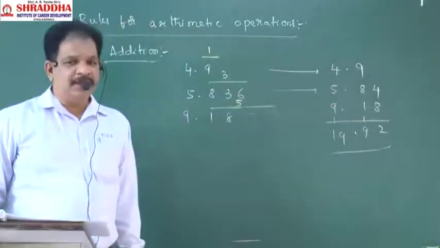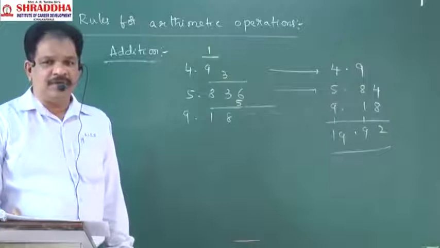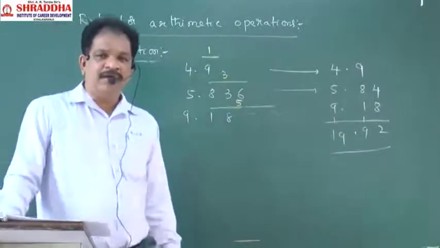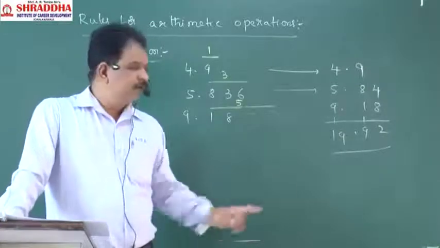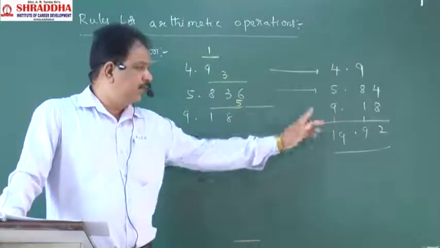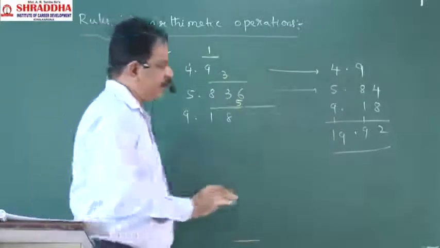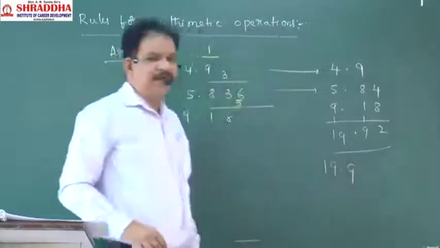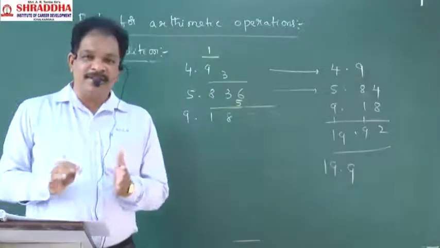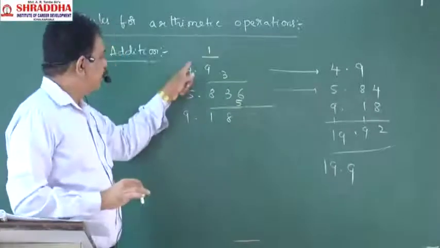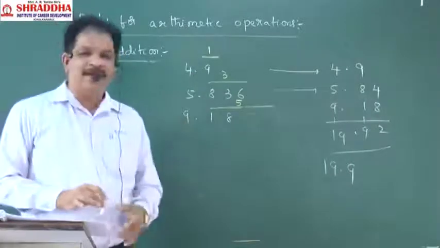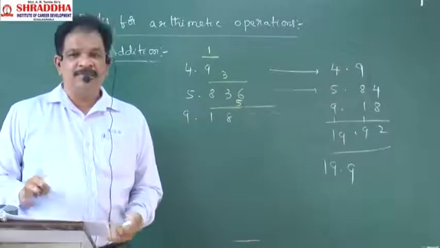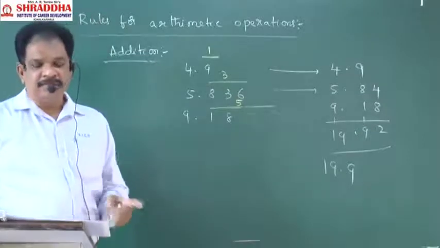19.92. Here again the answer will be rounded to have one significant figure. So discard that 2. The preceding digit will not change. So the answer will be 19.9. This is the method. They gave these 3 numbers to add, meaning add all of them. What is the procedure?